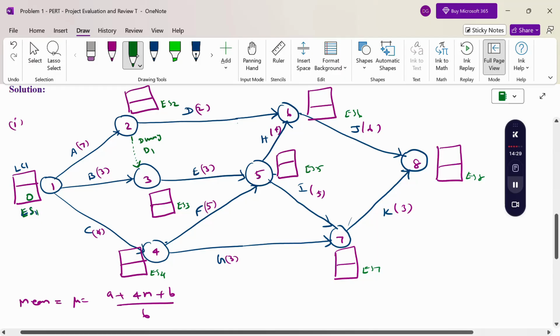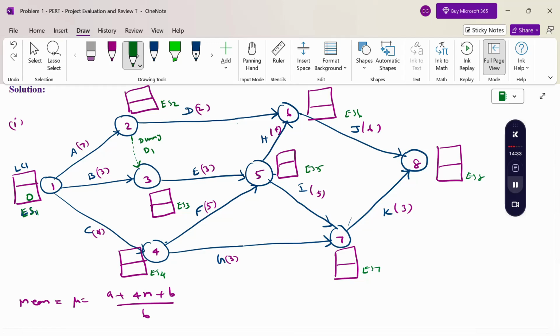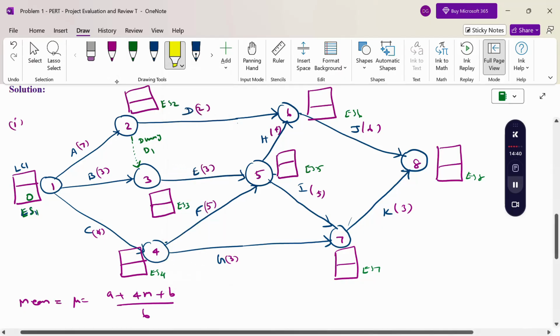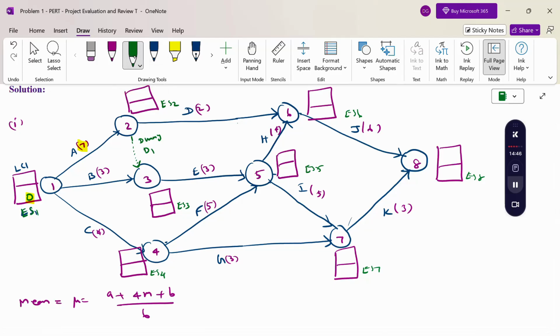Now to start the next work, 0 initial plus the duration. So 0 plus duration is 7. Here the dummy, 1 to 2, 2 to 3, the same duration 7.